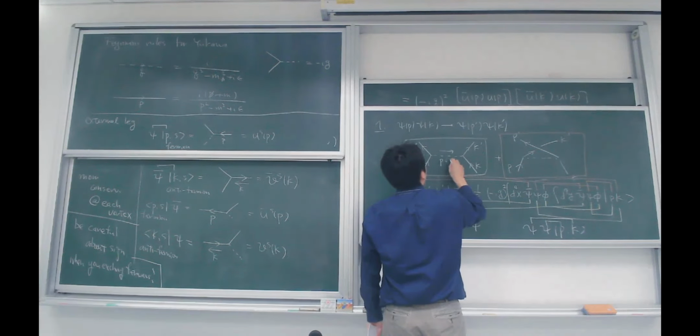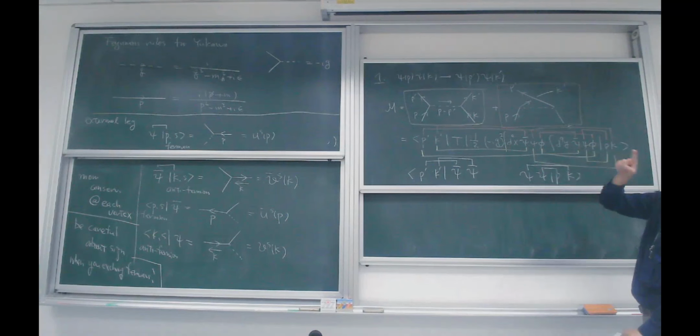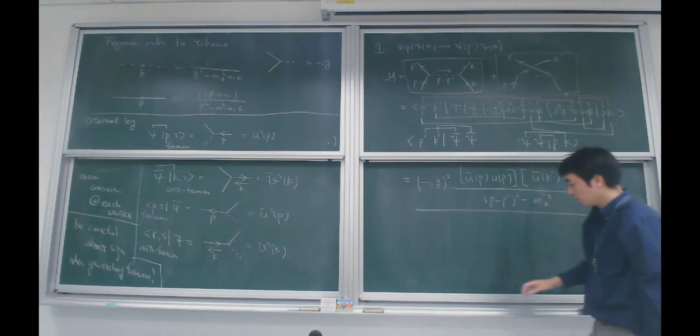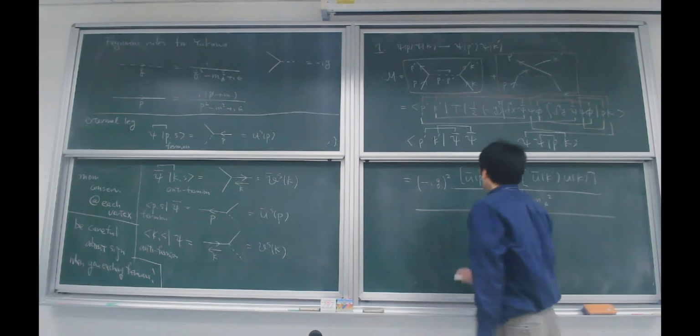In the red part, psi is contracted with p, and psi bar is contracted with k prime. So what we need to do essentially is swap psi and psi bar. That's it, no more than that. So therefore, you have an overall minus sign, minus i g squared.